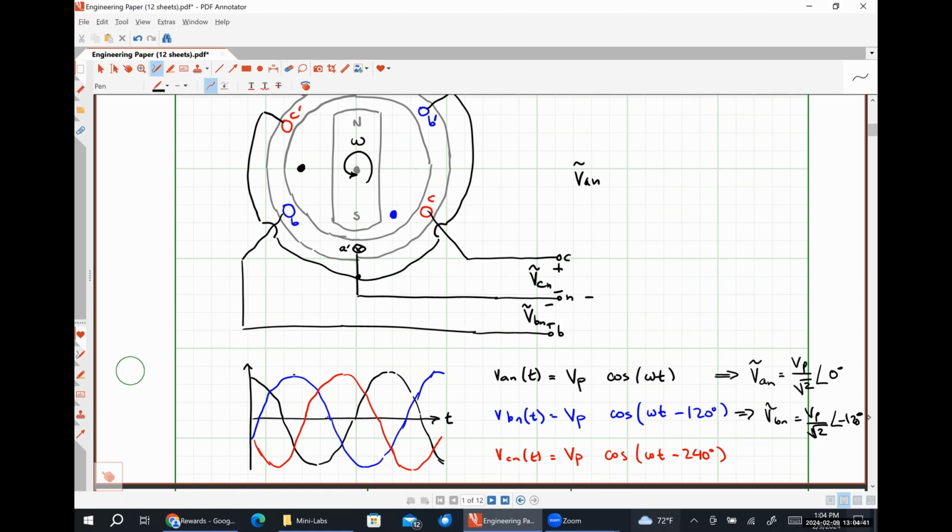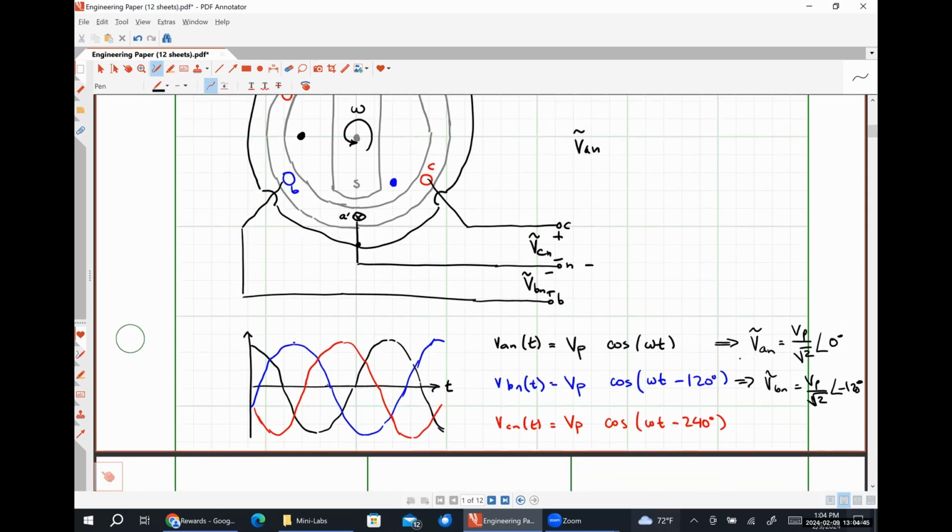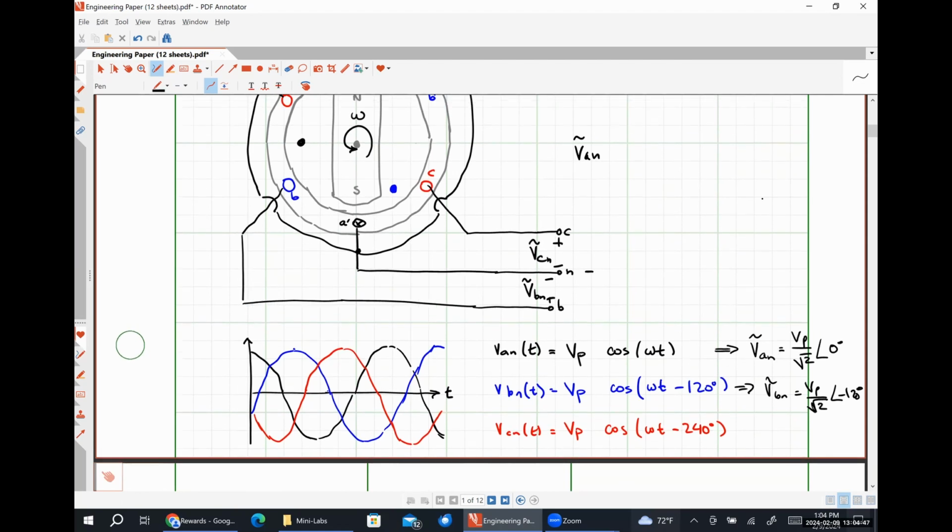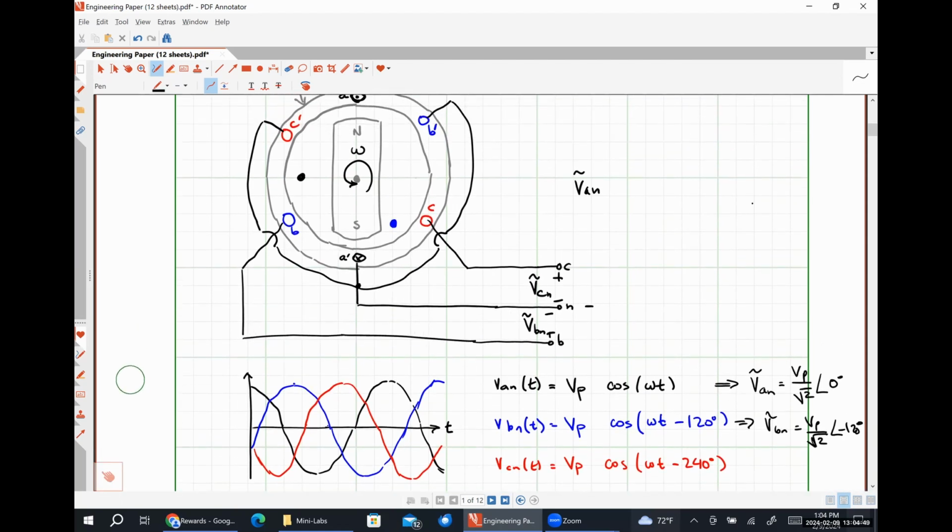Okay. All right, so this particular sequence is what's called a positive phase sequence. And it's a positive phase sequence that goes from A phase to B phase and then to C phase. Negative phase sequence is just what we get when we spin the rotor in the opposite direction.